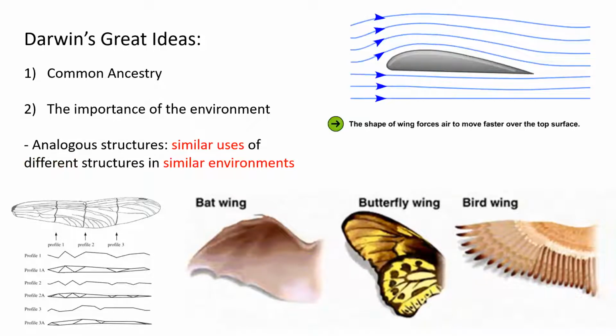There are other organisms and other structures that are called analogous structures. These are similar in function in the same environment, but they're built in completely different ways out of completely different structures. So for instance, we've got a bird's wing where, when you eat a chicken wing, the part you're holding on to is its hand.